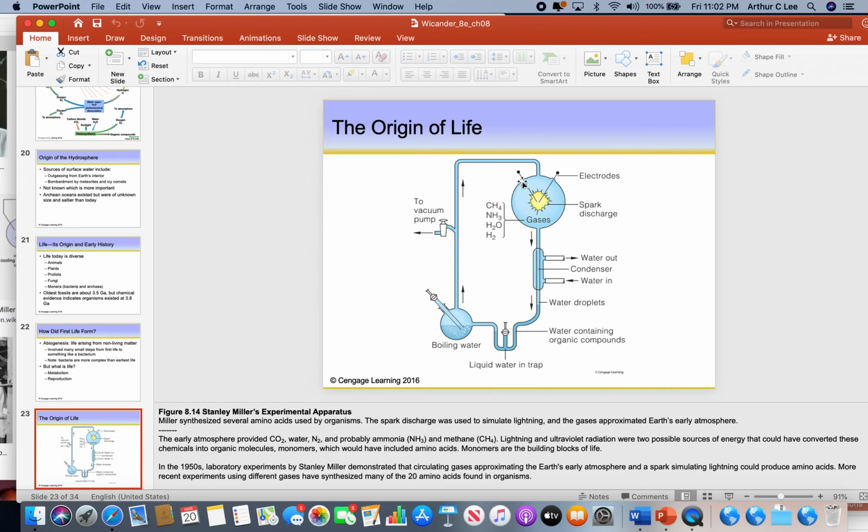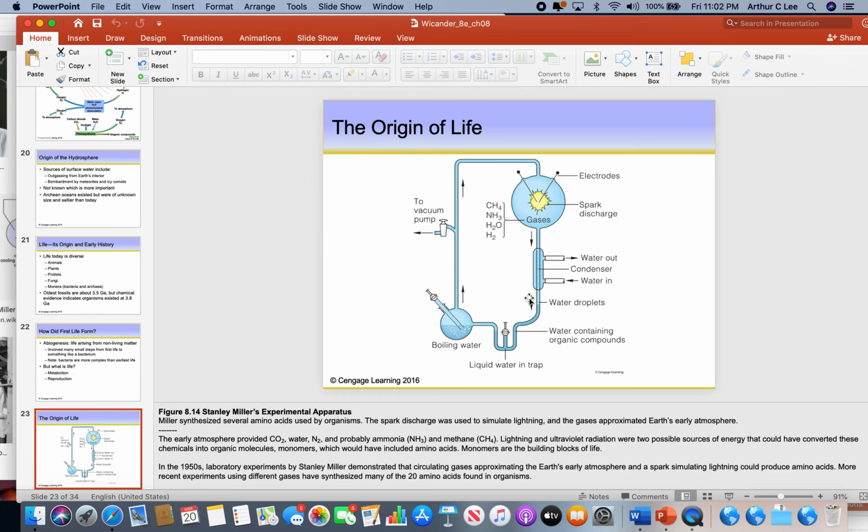He had electrodes, so that he could add electricity to these gases. There was water in there as well. Inside, the gases are in the water, and then you could add an electrical charge. And this was supposed to represent how life began. Once you add the electrical charge, it represents a lightning strike in those ancient Archean oceans.